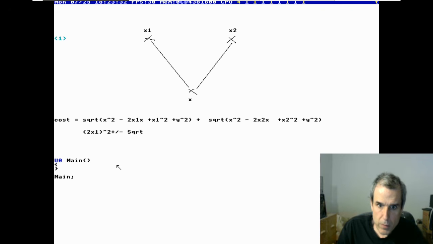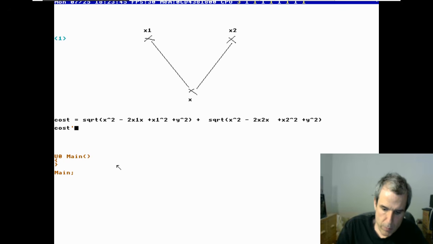Why do we have a square root? We have to take the derivative. Cost prime equals. That was the whole point of this exercise.